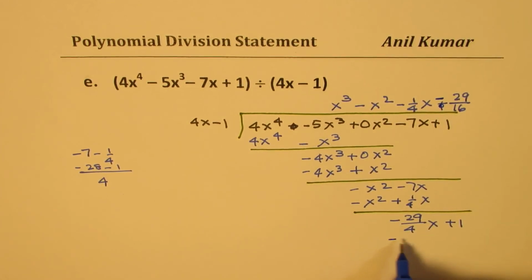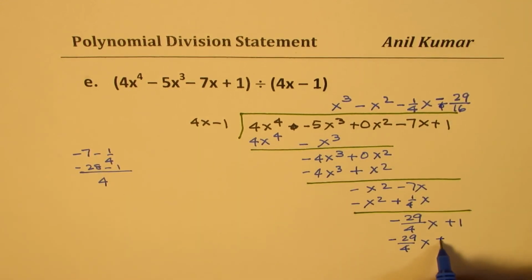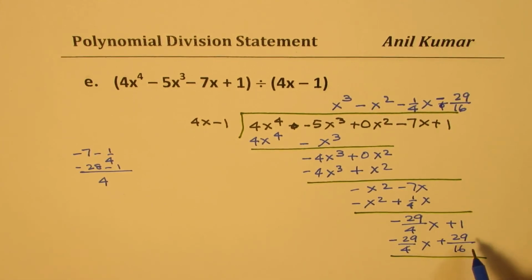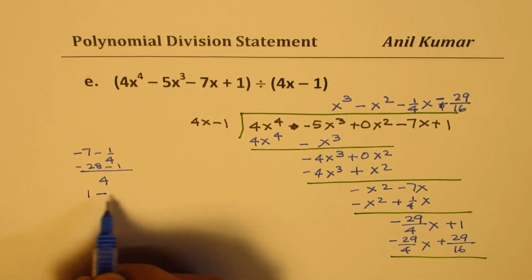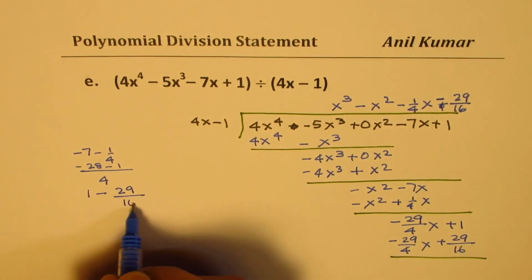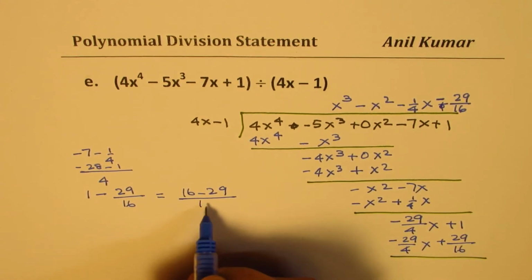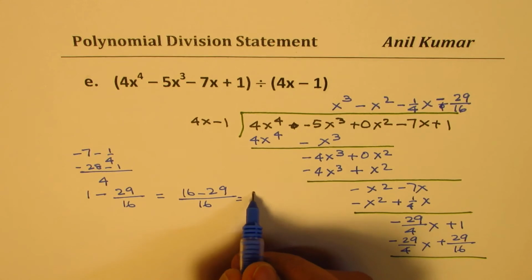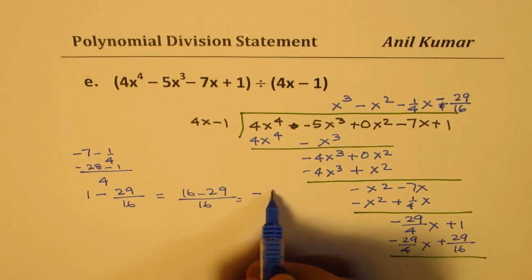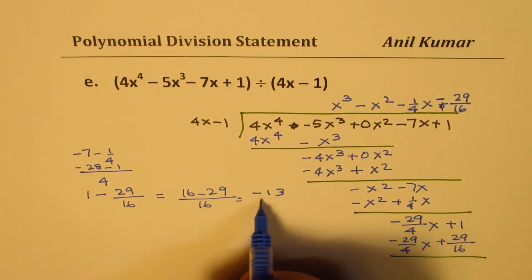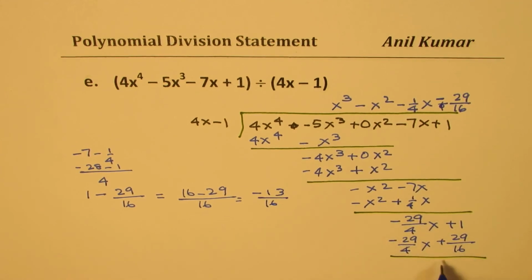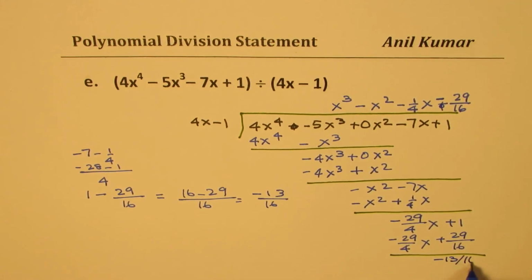So now we get minus 29 over 4x and that gives you plus 29 over 16, right? So the remainder now here is from 1 we have to take away 29 over 16, and that is 16 minus 29 over 16, right? So that is a negative number. From 9 I can write 3 and then from 2 as 1, 13 over 16. That is the remainder, minus 13 over 16.